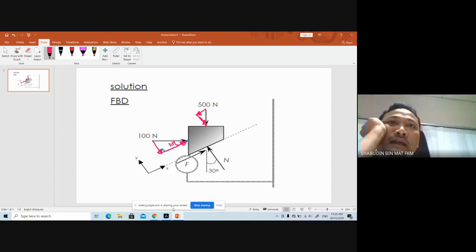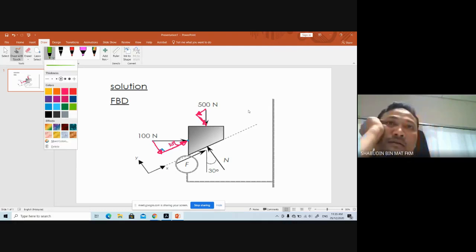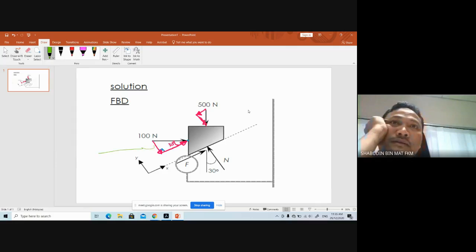So this component is, go to there, that one is a component of what? This is 100 sine 30 degrees, and this is 100 sine 30 degrees. So here also 30 degrees.